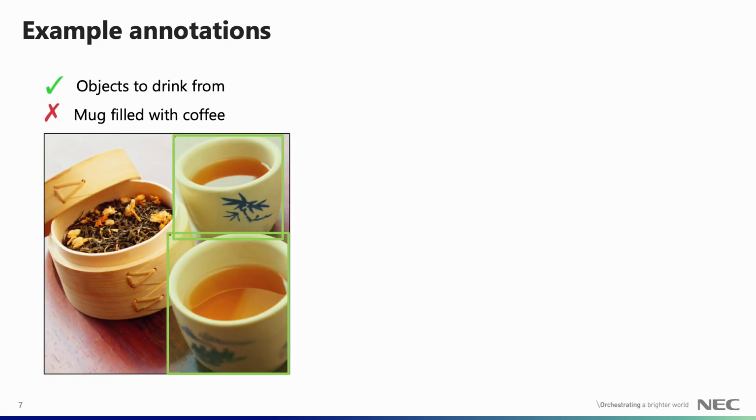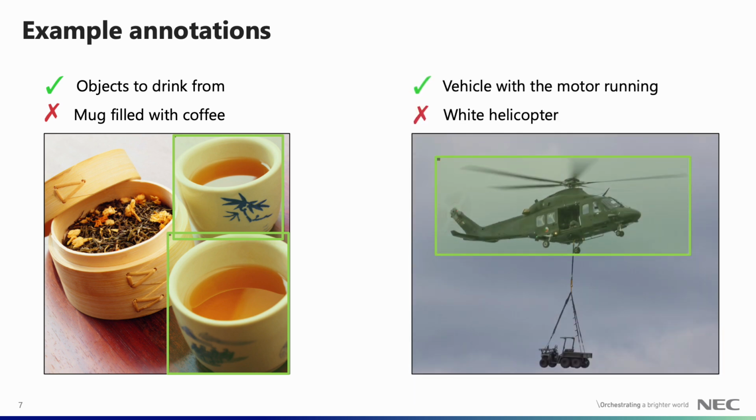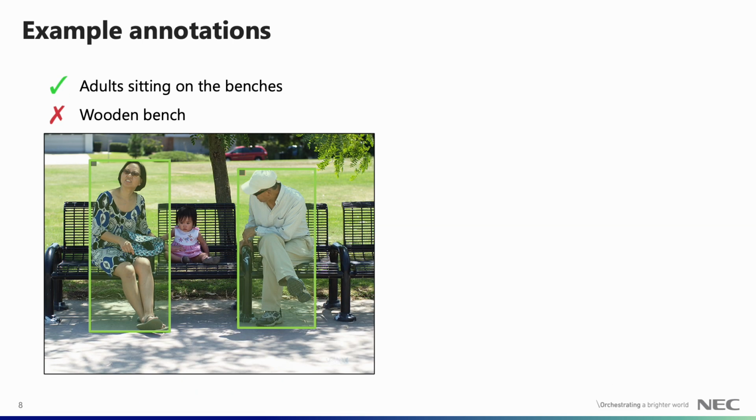Now let's look at some example annotations of our dataset. For each example, we show one positive description along with the ground truth bounding boxes, and also one negative description. We can illustrate here two key aspects of our benchmark and dataset collection.